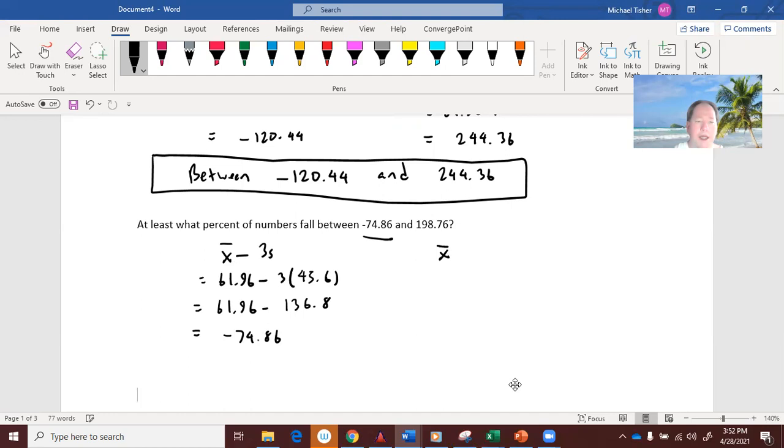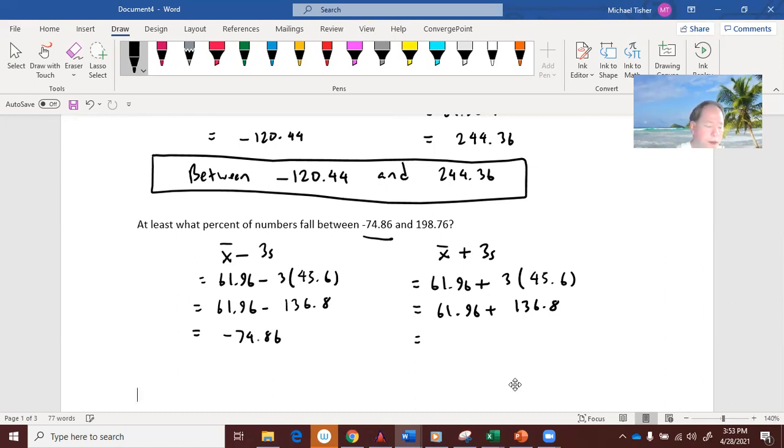To test that, let's calculate x bar plus 3s. In doing so, we have 61.96 plus 3 times 45.6. And that's equal to 61.96 plus 136.8. And that comes out to 198.76, which is what we wanted.